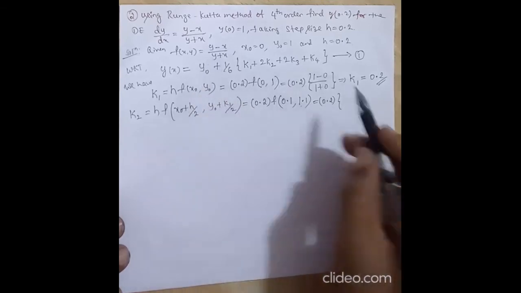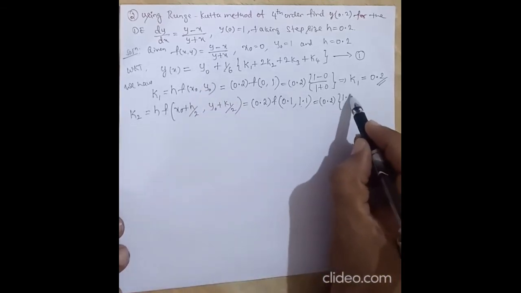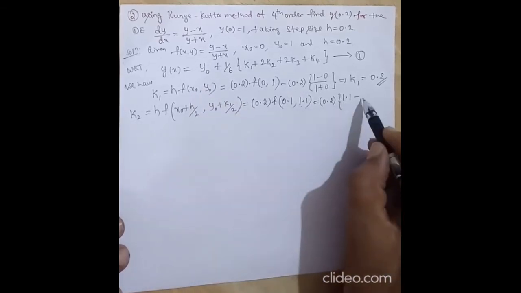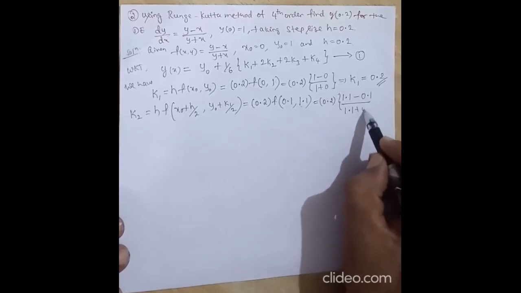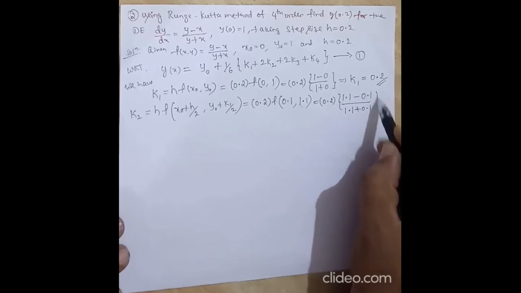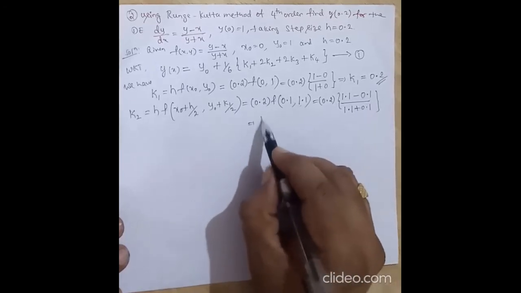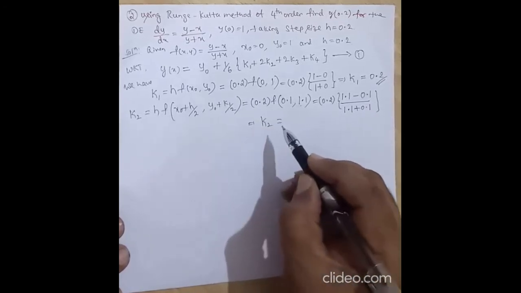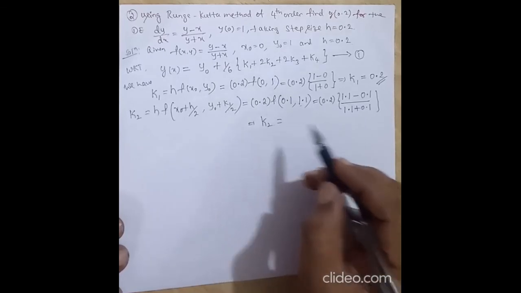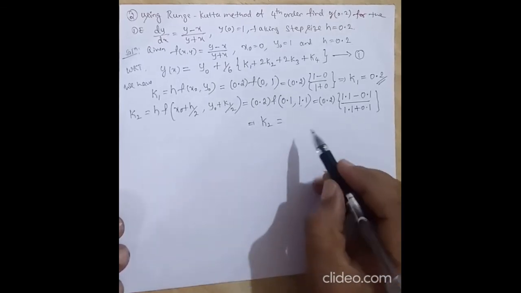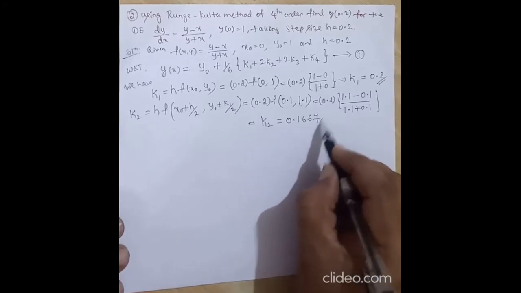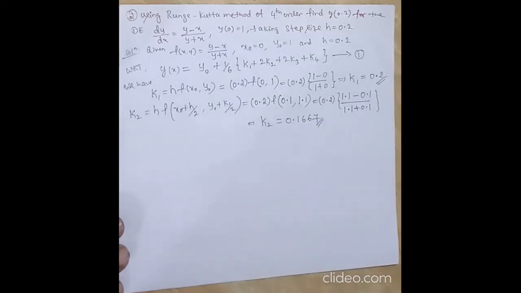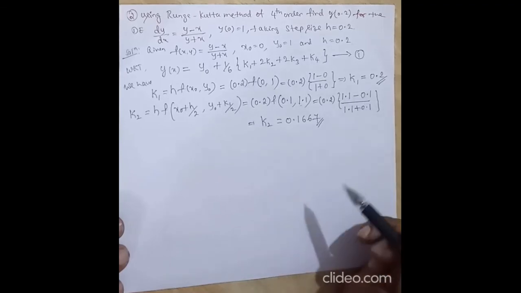So if I substitute, y means 1.1 minus x, x is 0.1 divided by this is 1.1 plus 0.1. So if I simplify this, we get the value of k2. So k2 for this problem is 0.1667. So simplify using your calculator.